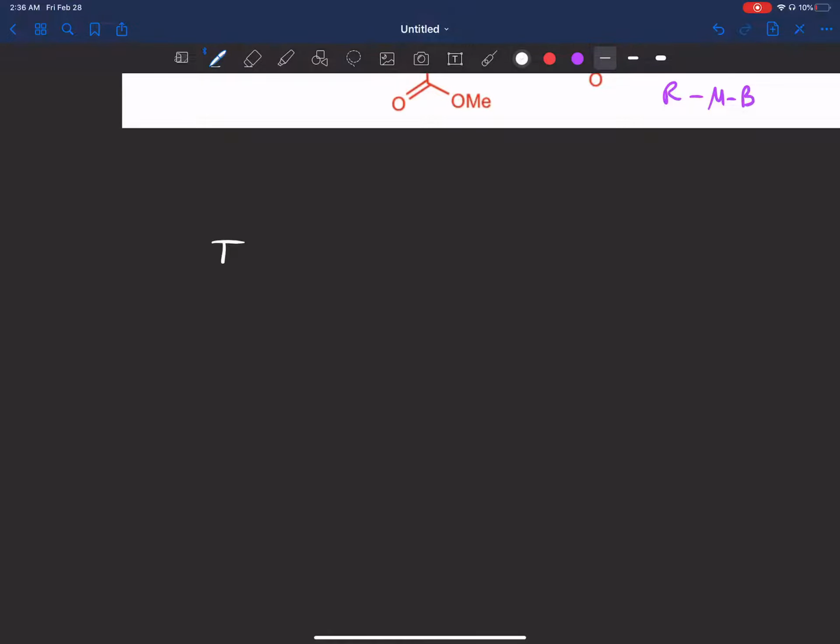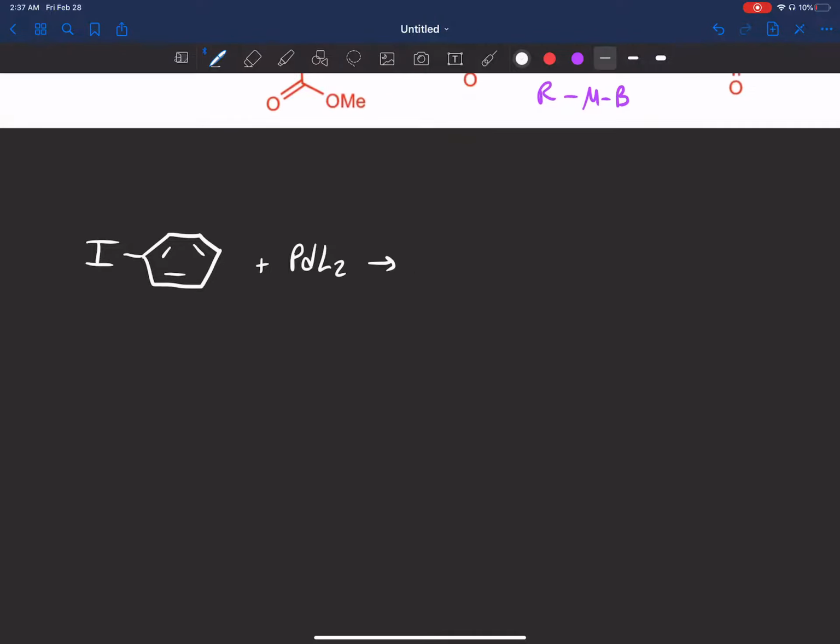So what I'm going to do is, here's my compound. Iodine with this benzene, PdL2. And what's going to happen is we're going to join these groups.